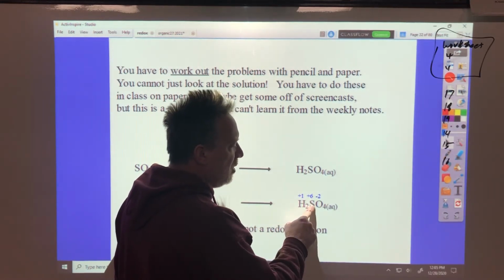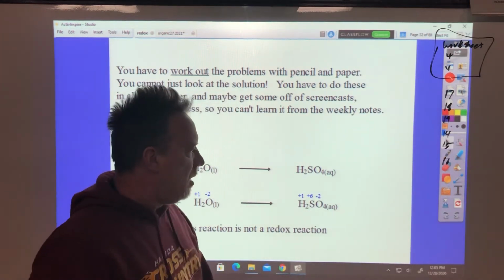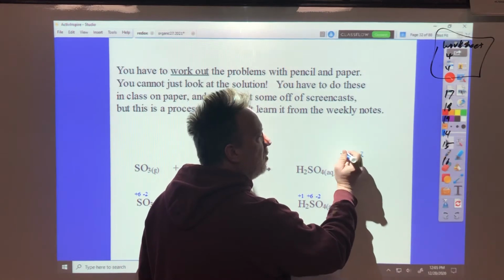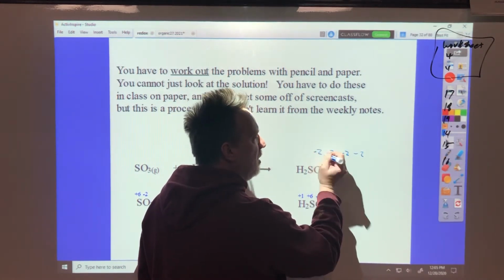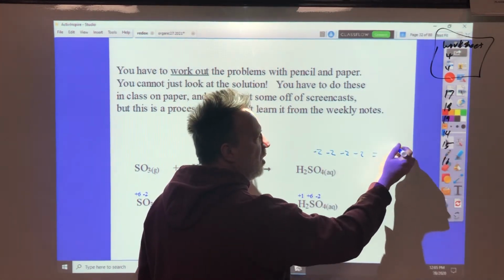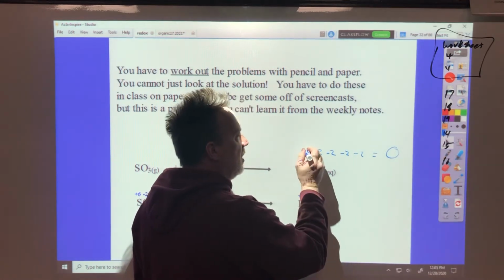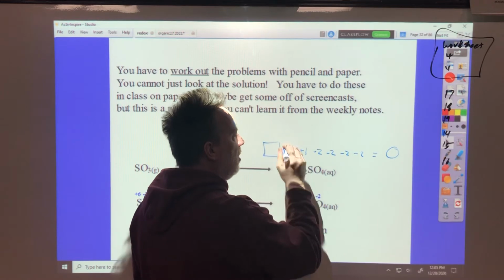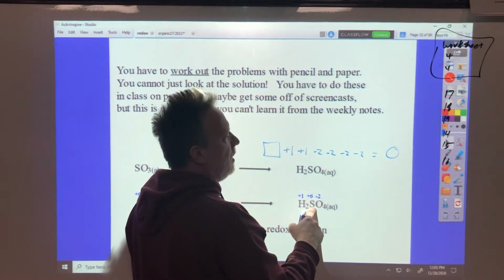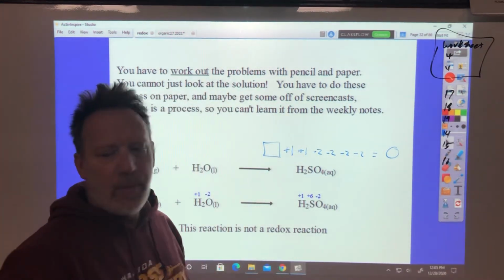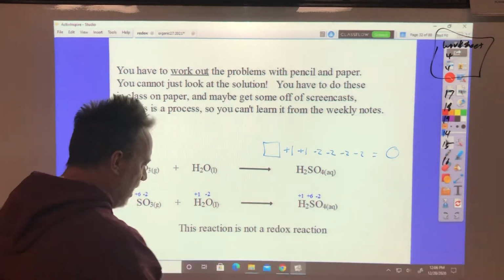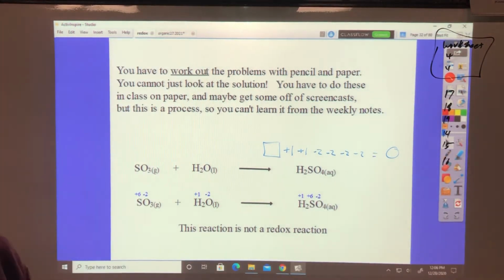The sulfur has to be +6. All that has to be 0. So basically I'm -2, -2, -2, -2 for those 4 oxygen. This all has to equal 0. Hydrogen is +1, +1. What's the sulfur? And there's 1 of them. Well, it's got to be +6. Nothing here changes oxidation number, so this is not redox.